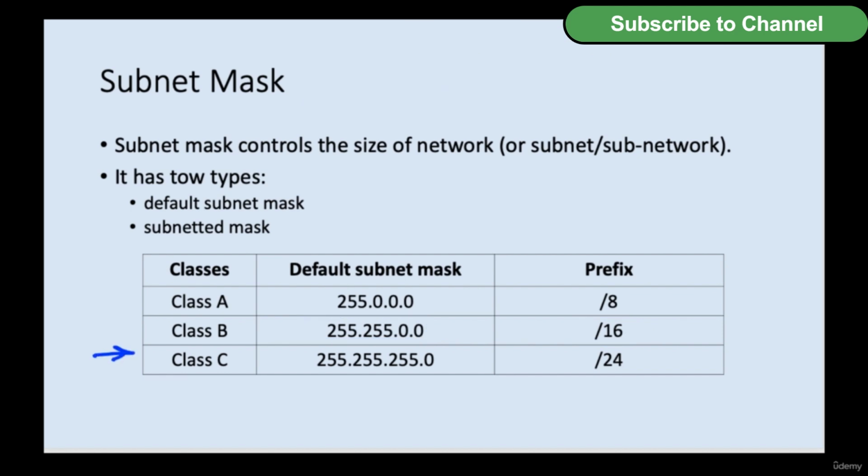Now we will see the default subnet mask of class C IP address. It is 255.255.255.0. With this relevance, it is written in the prefix notation as /24.